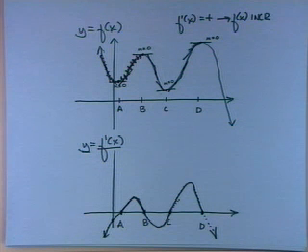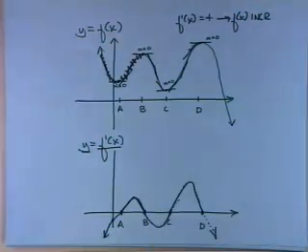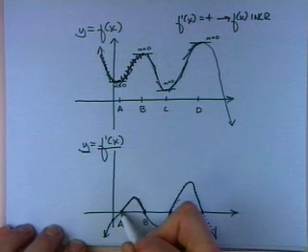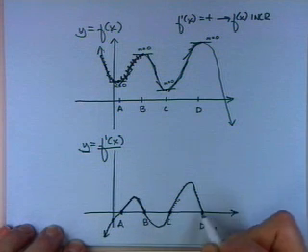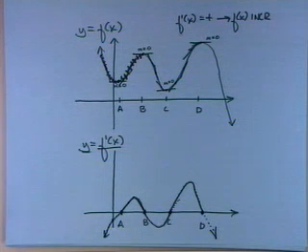So when I check to see how the original function and the derivative kind of mesh, I first of all look for these points, the A, B, C, and D points, because that's where the original function changed direction. The slope of the tangent was 0, so I'll come down here. I know this should be at 0 at A, B, C, and D because it is the derivative graph.